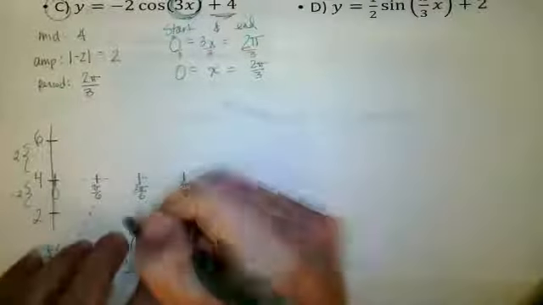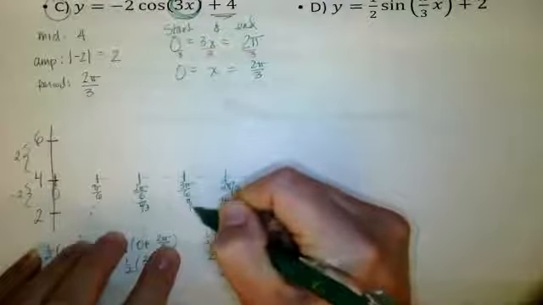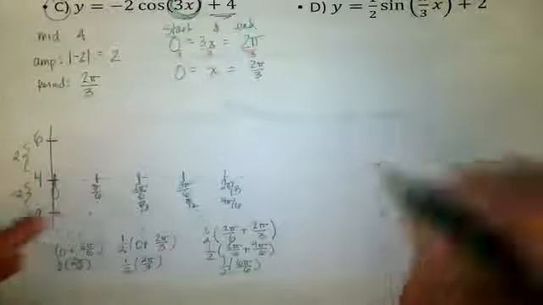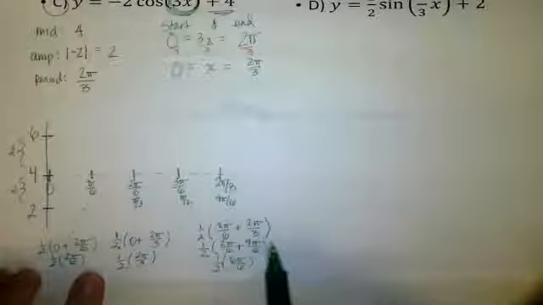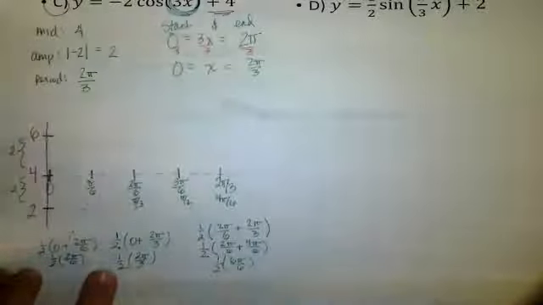If you reduce, you won't notice that because this would be pi over 3 and this would be pi over 2 and that's 2 pi over 3. So it's not as easy to see. But it's really nice when they all have the same denominators. It's your choice how you want to do that. This is the math that's necessary for that, so make sure you wrote down how to find those things.